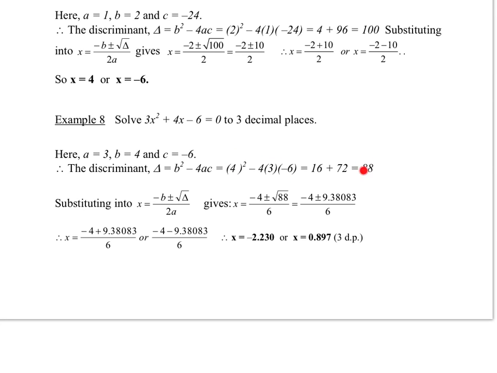Calculate that, and that gives you 88. Not such a nice number now, because the square root of 88 is not very nice. But then when you plug it into this equation here, x equals negative b plus or minus the square root of delta, square root of 88 in this example, it's not very nice. We'll get decimals rather than nice numbers. But these are the numbers we should get.